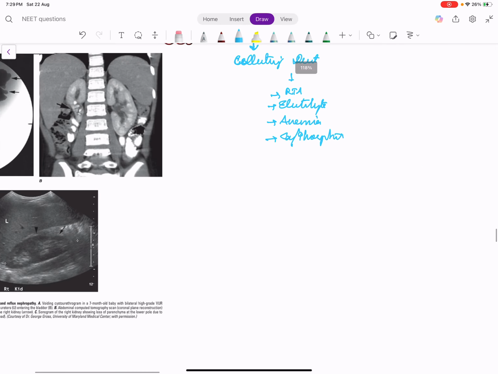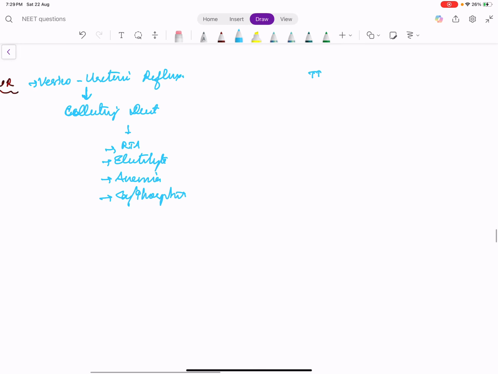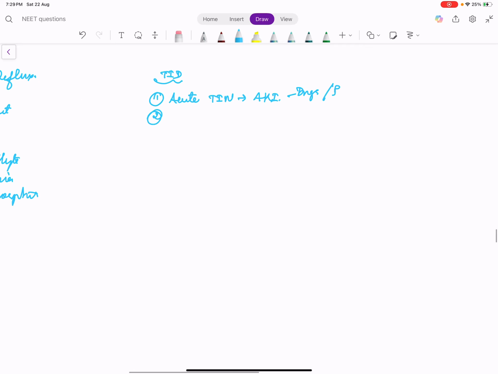Revising tubulointerstitial diseases, the causes: one, there can be acute tubulointerstitial nephritis. This presents as acute kidney injury. Causes are usually drugs, infections, autoimmune disease, or deposition of crystals or casts like myeloma kidney, rhabdomyolysis, or uric acid nephropathy.